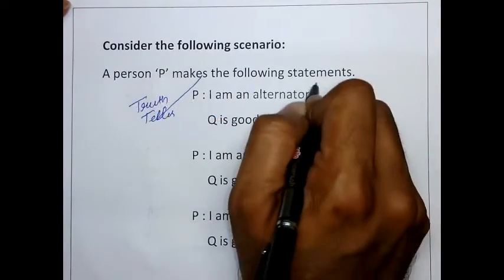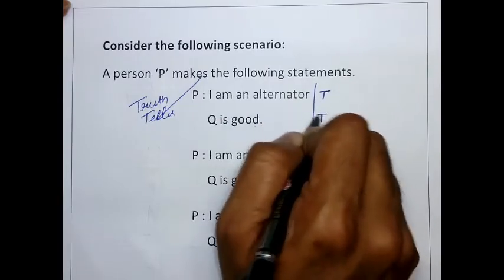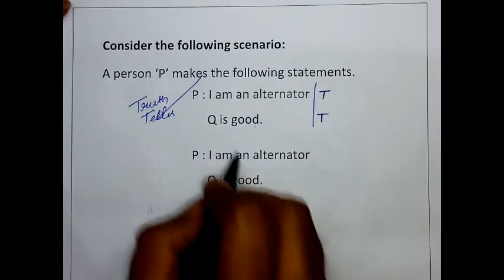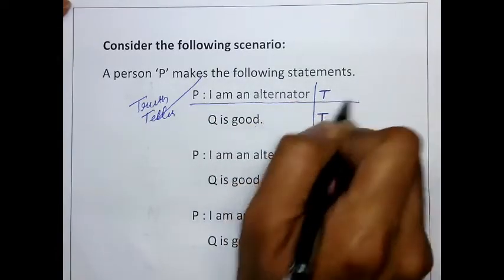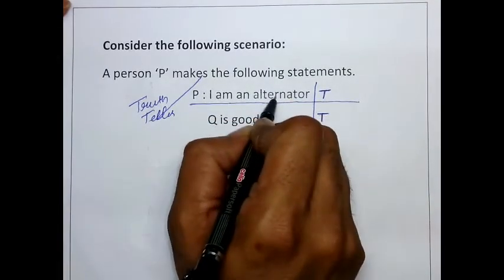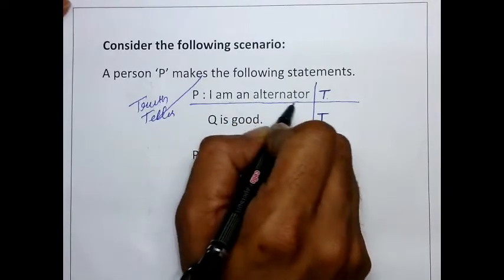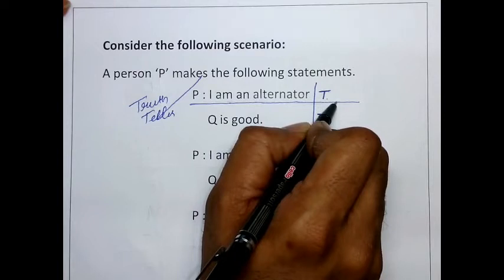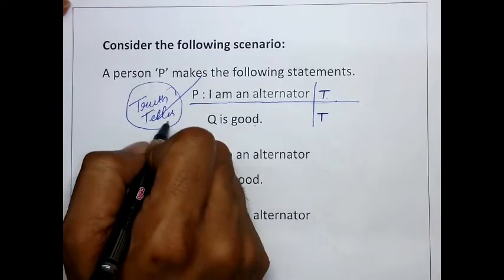Then this statement becomes true, the second statement also becomes true. P says I am an alternator, which means P is an alternator becomes true. So in the statement P is an alternator, but in the assumption P is a truth teller.